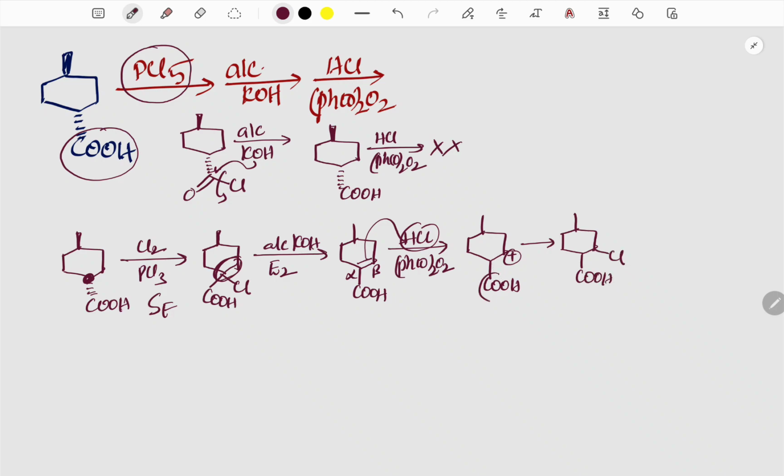Here a minus R group is present, that's why we cannot write H plus and C plus here. Now if you see the alkene and product, chlorine is attached to the carbon which has more hydrogens. So this is an anti-Markovnikov product.